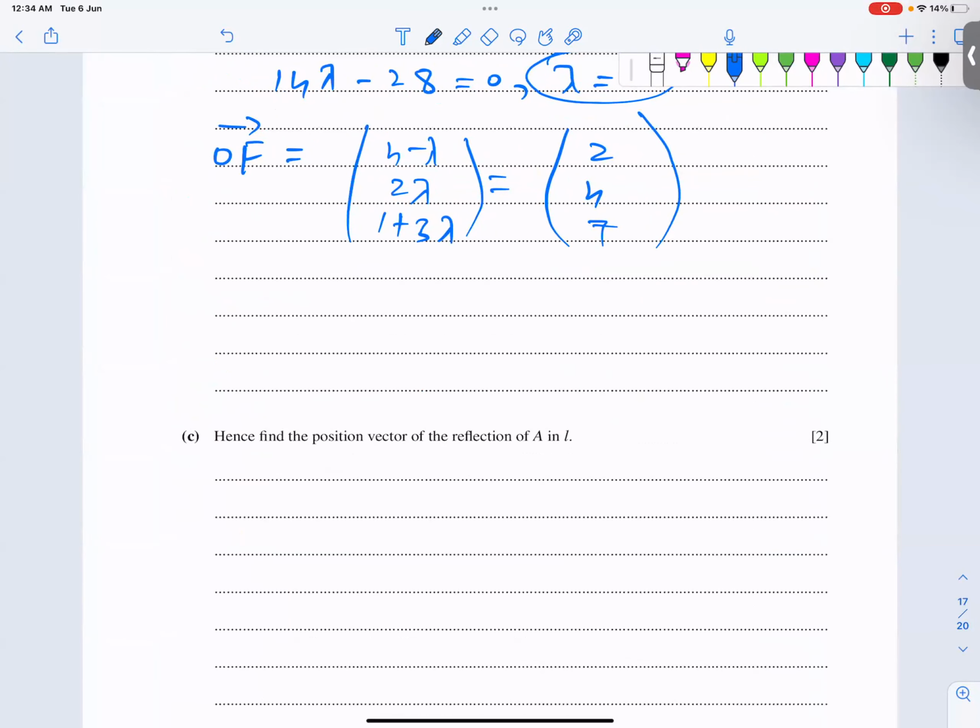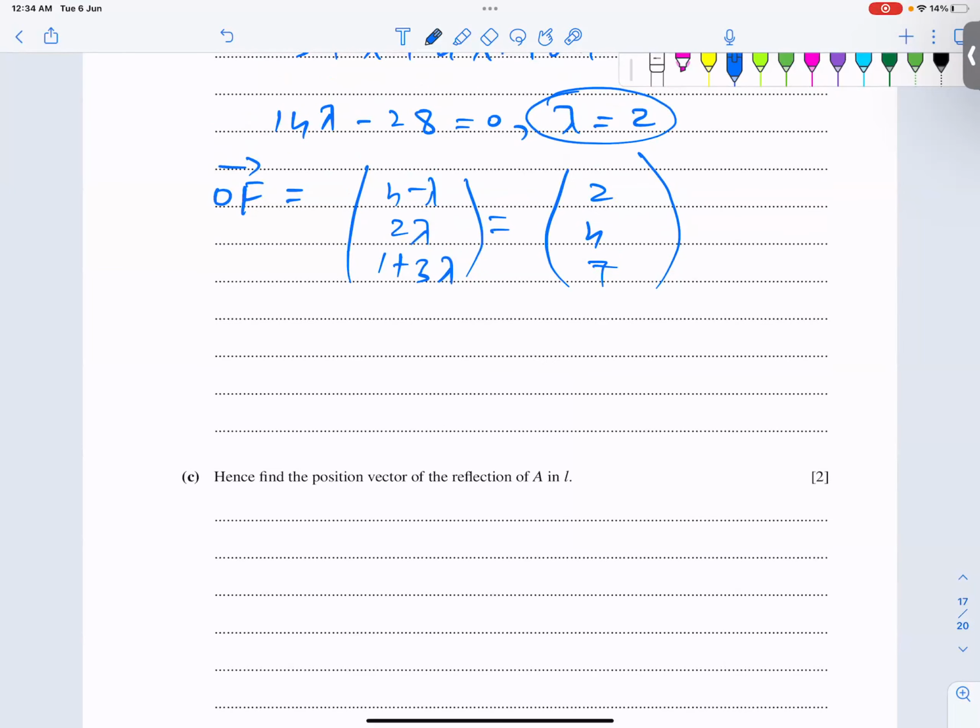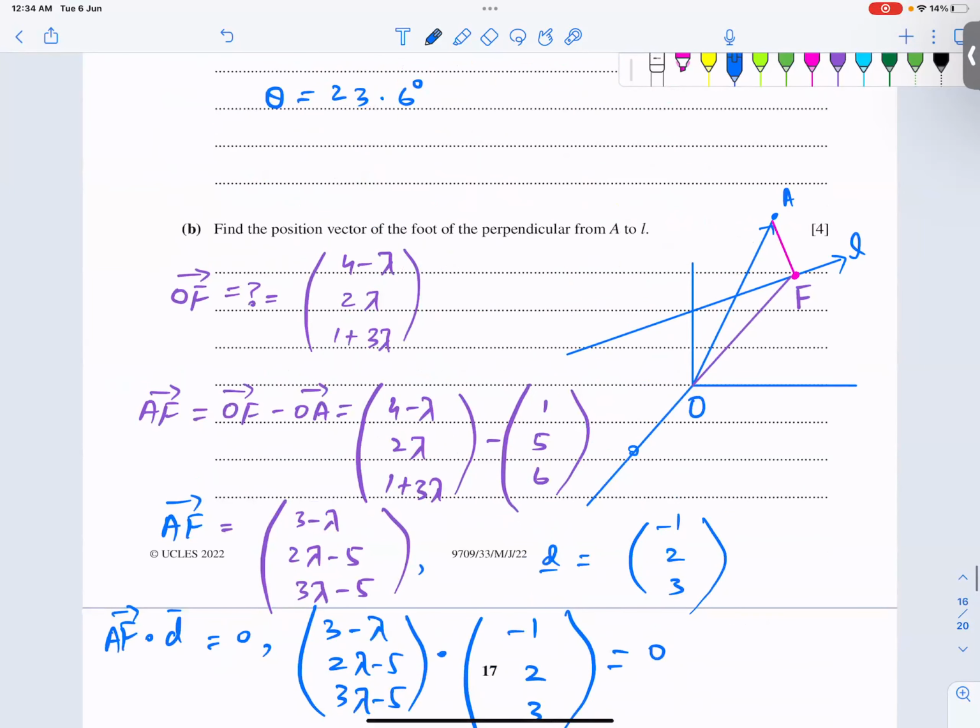Now the C part says, hence find the position vector of the reflection of A in line L. This is actually a good question. So for this, we will again copy this diagram.